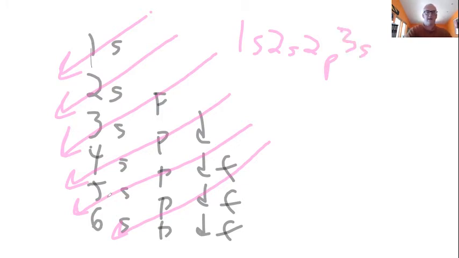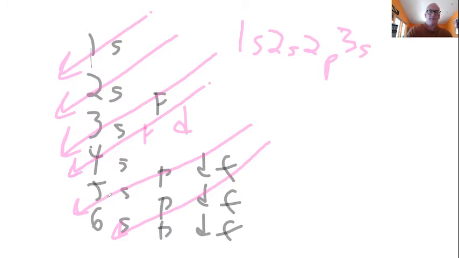Then we come around again and then we get, oh man, I have screwed this up. I apologize. S, P, D. Then like that. 3S.